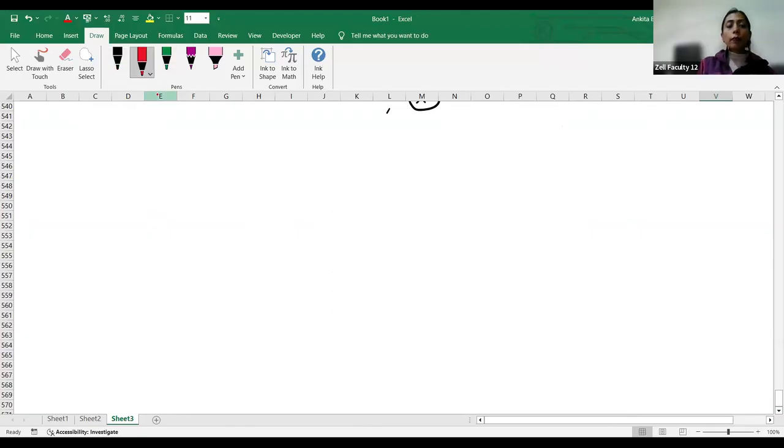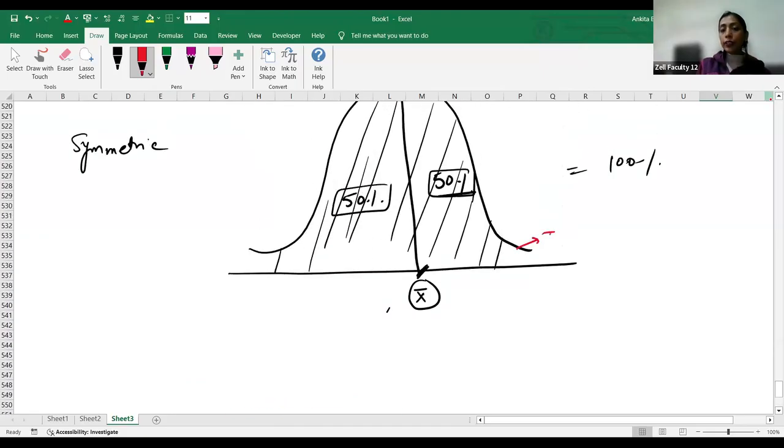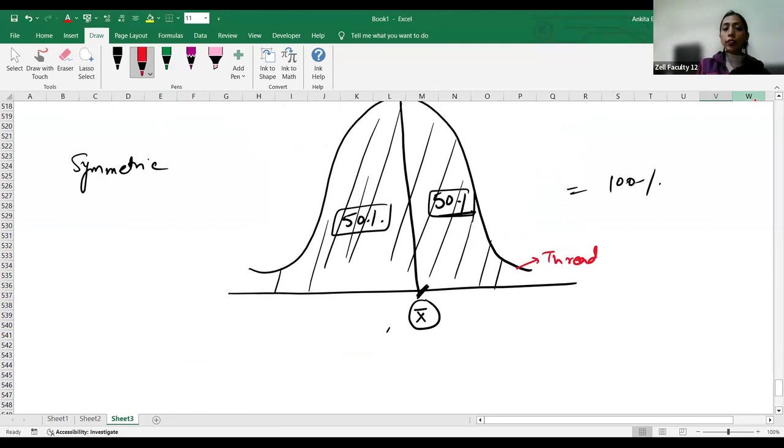Now, if I take my normal curve, just imagine this curve like a thread. Right now you have placed your thread like this, which is very symmetric in nature. Now I want you to pull the thread towards your right.